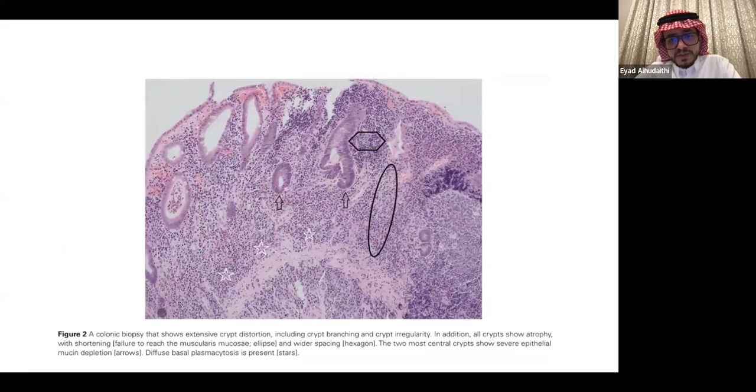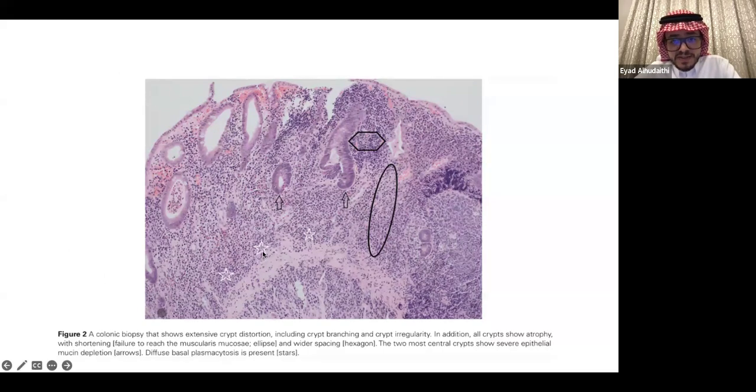So this is when we come to the abnormal histology. As you can see here, the crypts now are not adjacent, they don't look nice. Some are shortened and don't reach the muscularis mucosa, some are bifid, abnormally shaped. So there is some element of chronicity here.